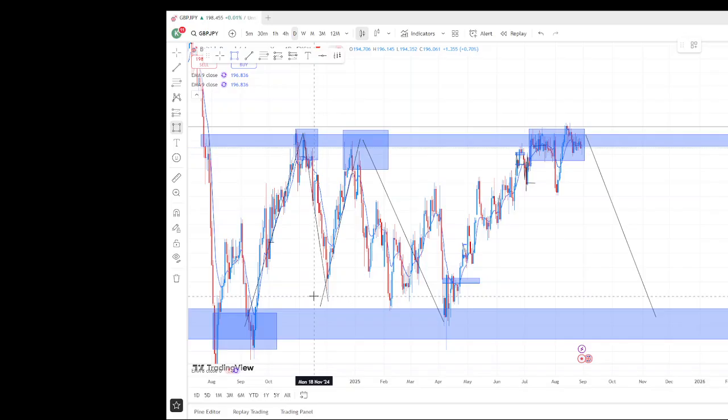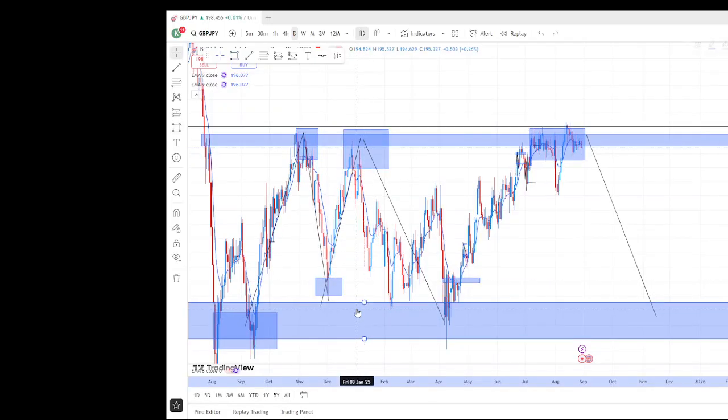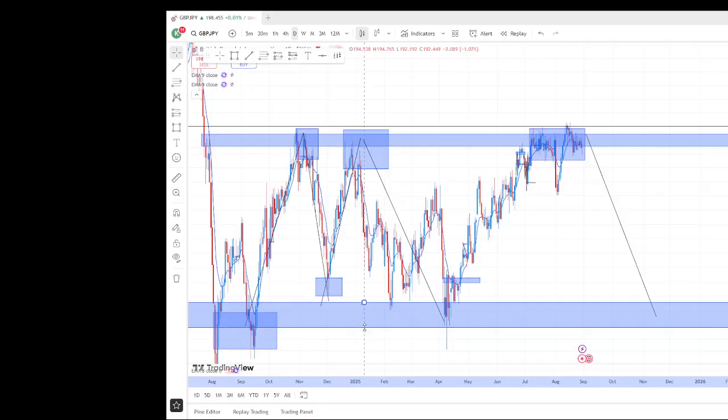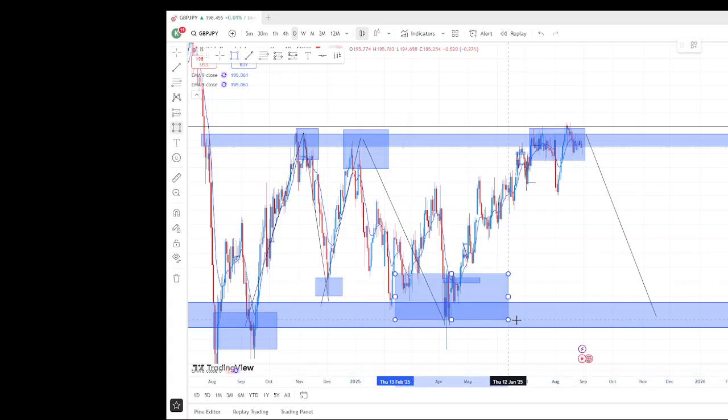Well, where the market really touches it, I count this one. Sometimes it's not exactly perfect, you know, where you can say it touched it, but sometimes you just have to count this as a third time of it touching this area. So it'd be one time touching support resistance, two times touching support resistance, three times touching support resistance.